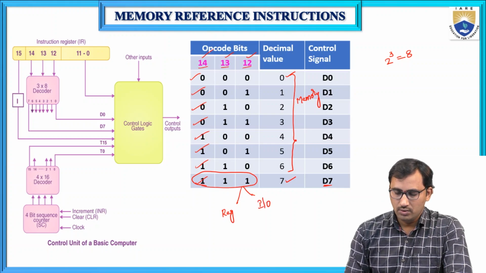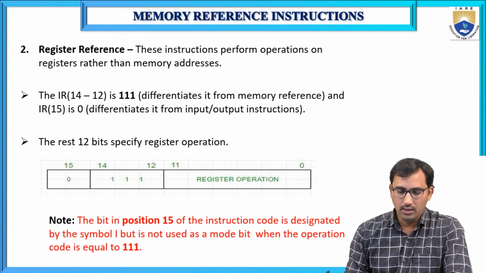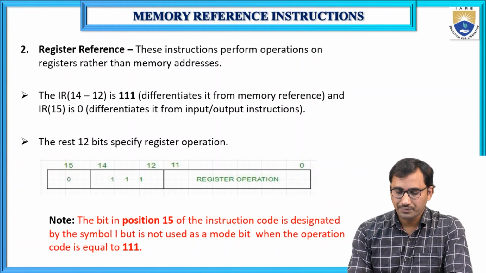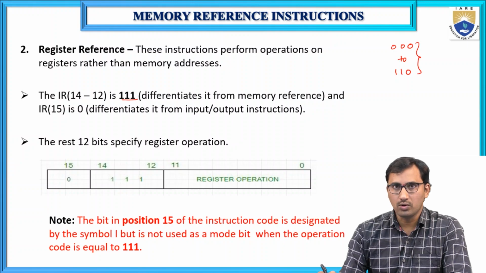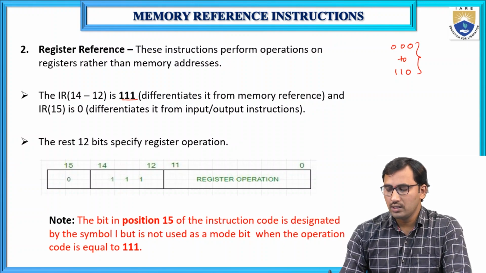The combinations from 000 to 110, a total of 7, are all memory reference instructions.